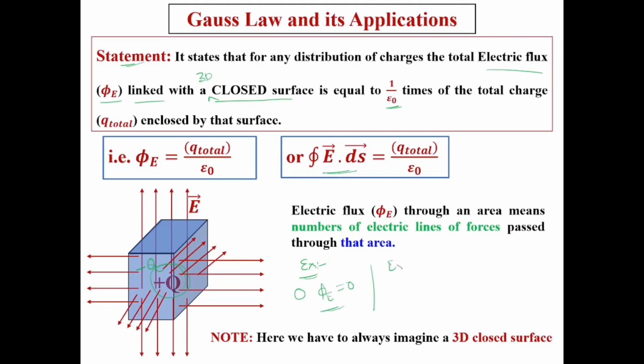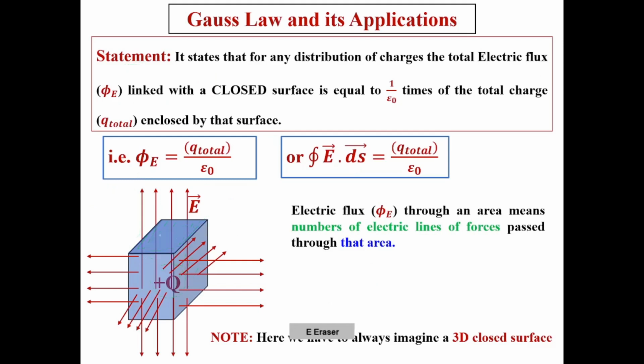Now consider another simple example, of how much flux we are going to expect for a particular surface. Actually this rectangular box has 6 faces. So for each face, each one of the faces, what will be the flux?